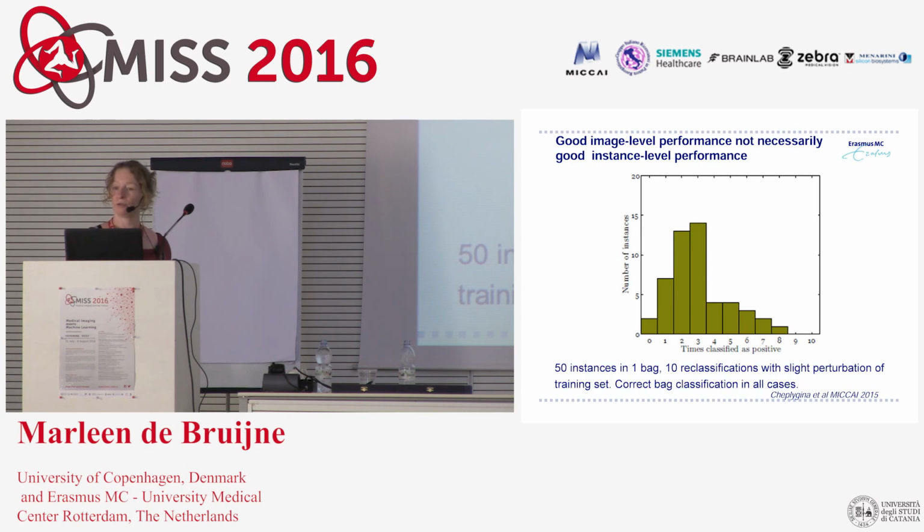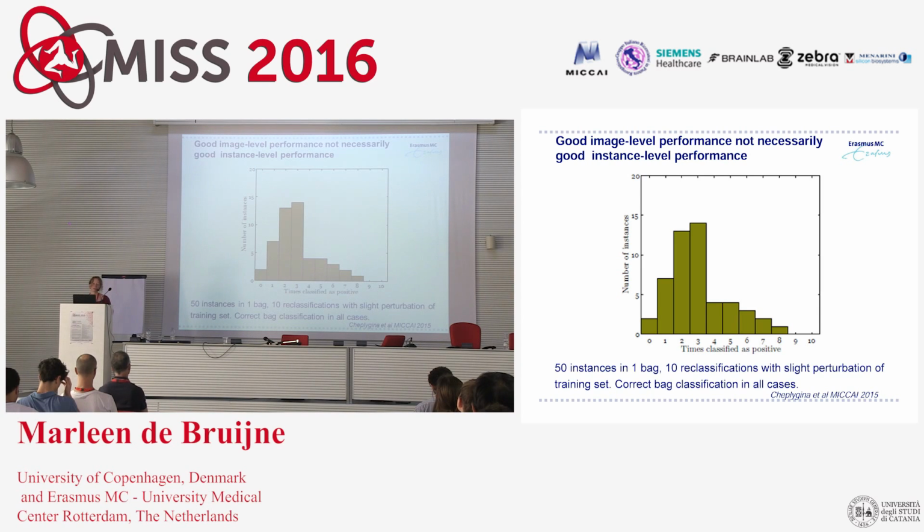So one more thing to highlight is that, of course, if we have good image level, bag level performance, even if we use a classifier that also classifies instances, it doesn't necessarily mean that the instance classifications that we get out are good. So here you see an example again of the COPD texture classification case.